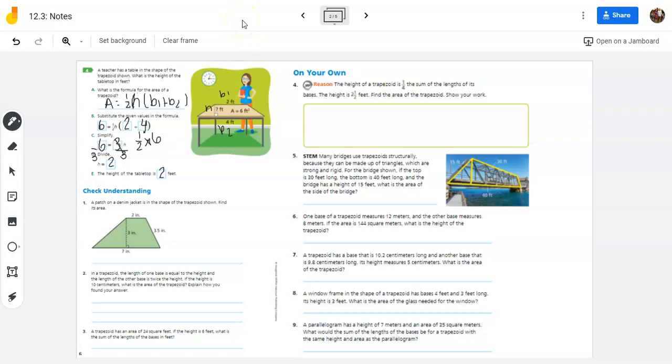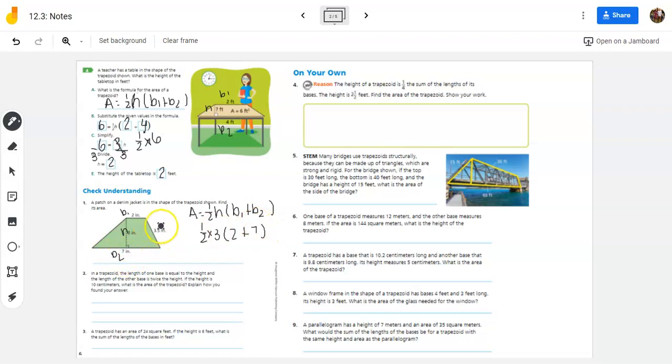A patch on a denim jacket is in the shape of a trapezoid. Right here. Find its area. So let's write a formula. A equals 1/2 height, B1 plus B2. Our height is 3. So I have 1/2 times 3, and then parentheses, our base 1 is 2, and our base 2 is 7.